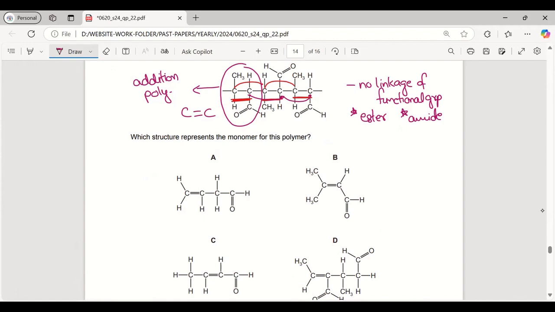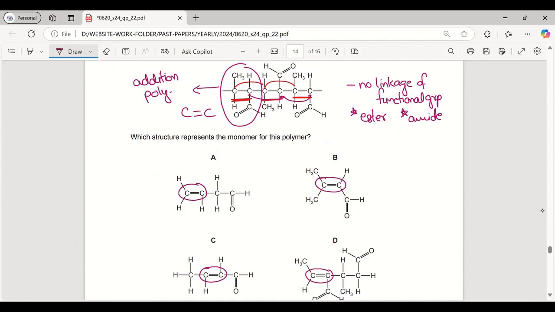So this will be with COOH, like there will be C double bond O. We have to see the C double bond O. On one carbon, H and CH3 should be attached.